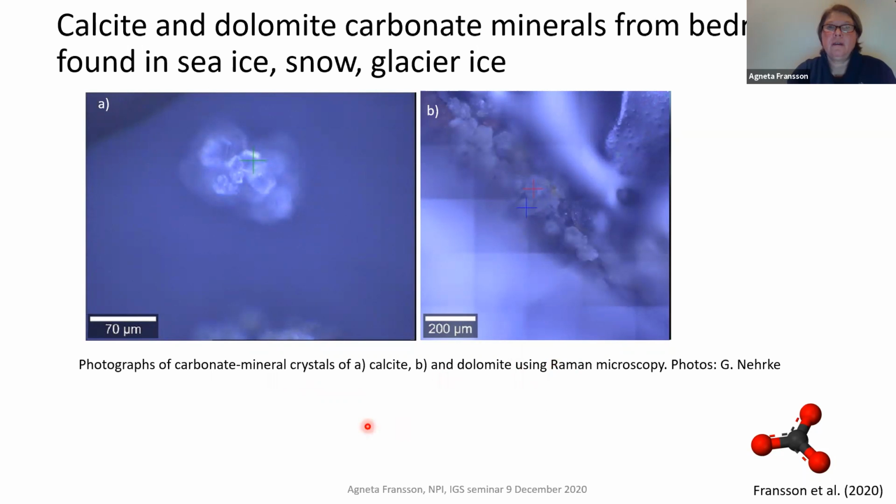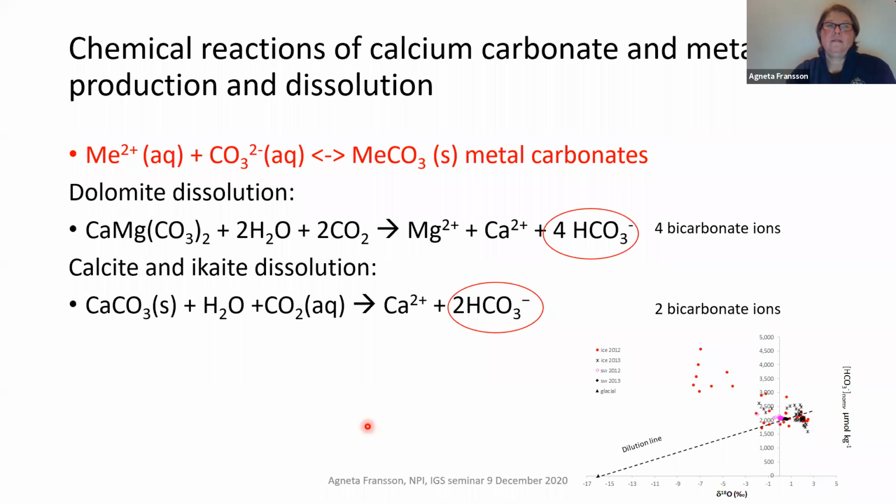So we have minerals from the bedrock. In the carbonate chemistry, the chemical reactions of calcium carbonate and metals are very important, and they can produce and dissolve these metal carbonates. The metal and the carbonate will produce a solid metal carbonate, but it could also go in the other direction, so it will dissolve.